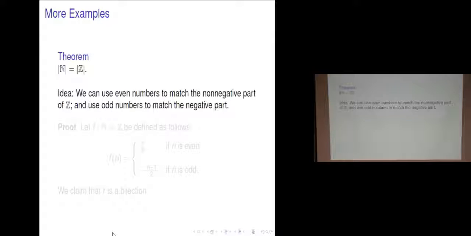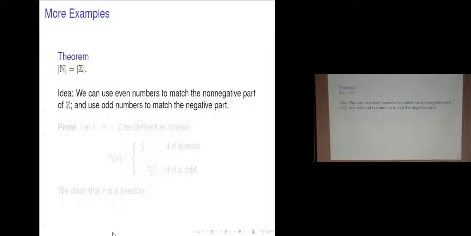We can use ideas like Hilbert's Hotel. I'll draw a picture on the visualizer. We'll use even numbers to match the non-negative part of Z, and use odd numbers to match the negative part of Z.